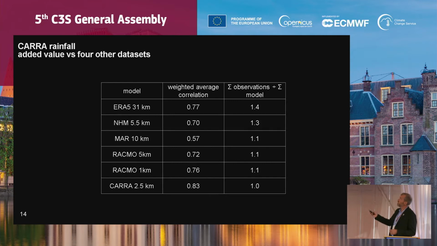So here's ERA5, the Japanese model, Belgian and Dutch models, and CARRA, and we find that CARRA has the highest explained variance as compared with all of these models, and the wet bias in the other regional analyses is not present for those measurement sites, just for rainfall. So a very welcome independent verification of rainfall.